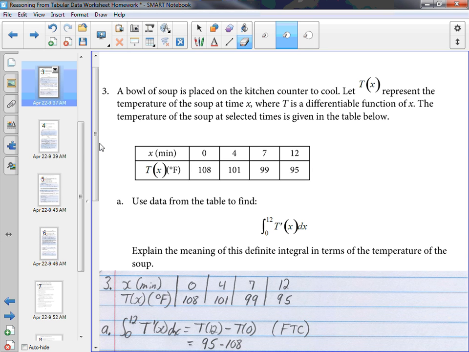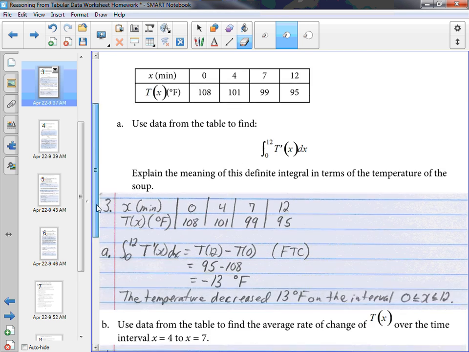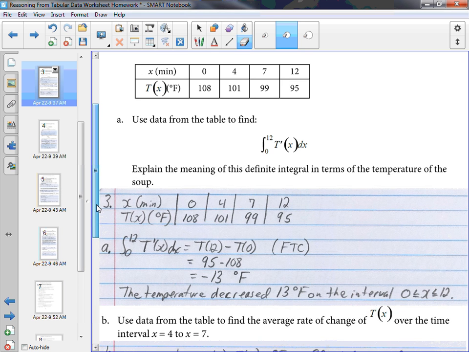All right. So use the data from the table to find the integral from 0 to 12 of capital T prime of x dx. I like this question. This is something that you need to be able to do here. Okay? So there's our data with T of x.